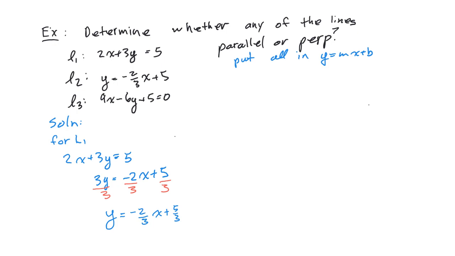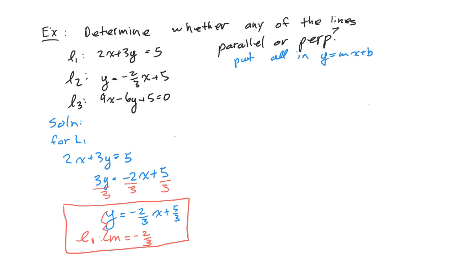In this case, our slope m is equal to negative 2 over 3 for our line L1. So that gives us some information that we can use.